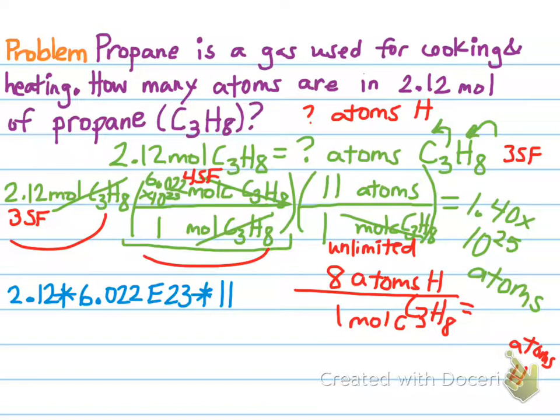So the only difference calculator-wise would be that instead of multiplying by 11, I'd multiply by 8. So it's just a little foreshadowing, if you will, of the fact that you will eventually have a note quiz, and on that quiz, I ask a problem really similar to this, but instead of asking about the total number of atoms, I ask about atoms of a specific element.